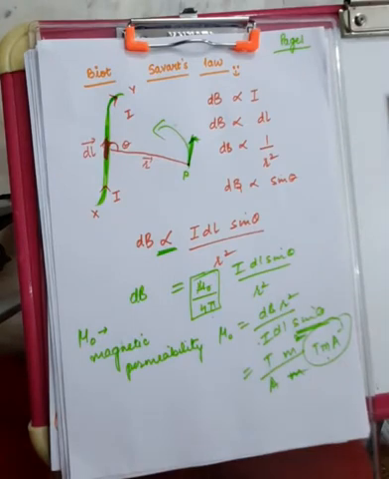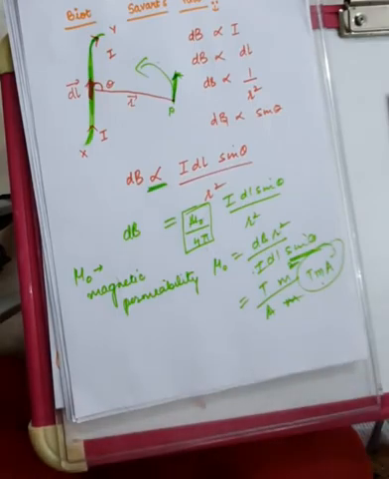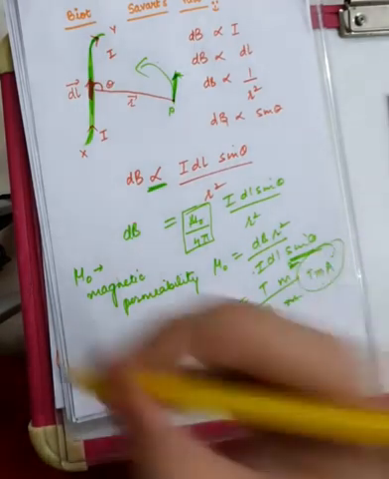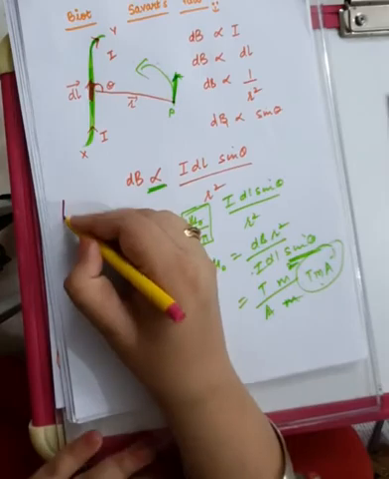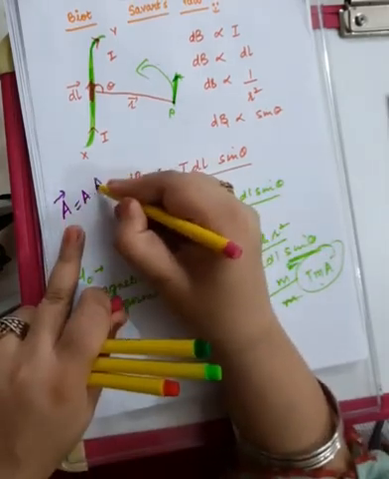So when it is directed inwards, and you know that if I have any vector, I am just discussing the basics, that vector is written as magnitude into direction.